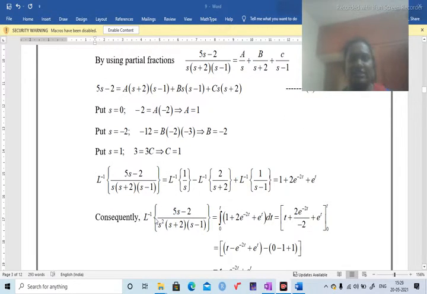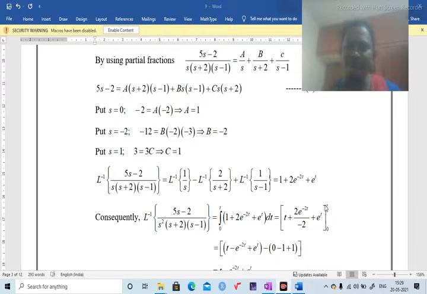So L inverse of f of s by s, this one. f of s by s means this by s. Then s into s is s square. So integration 0 to t, 1 plus 2 into e power minus 2t plus e power t. So t integration is, 1 integration is t, plus 2 as it is, e power minus 2t integration is e power minus 2t by minus 2, plus e power t as it is.